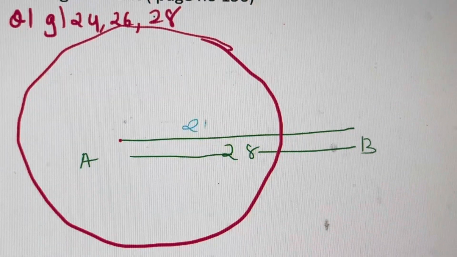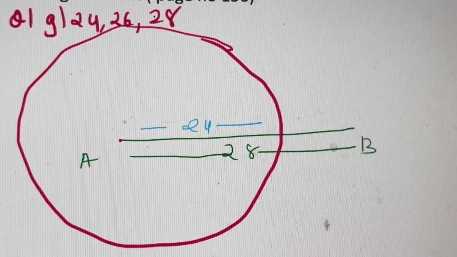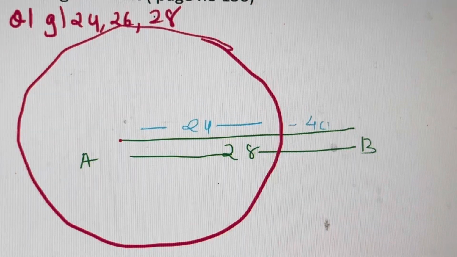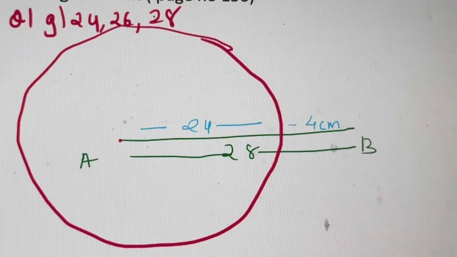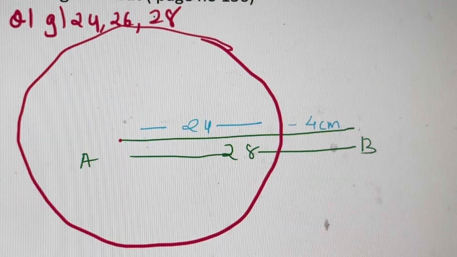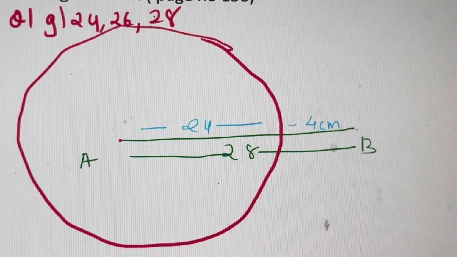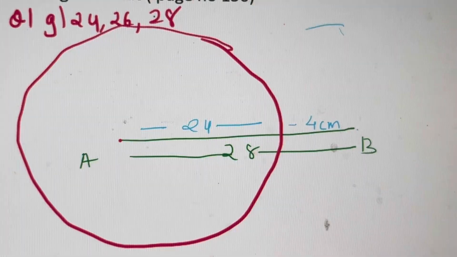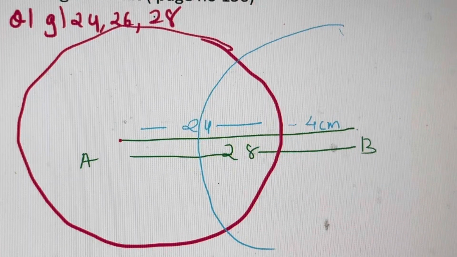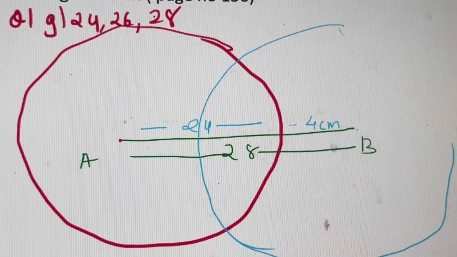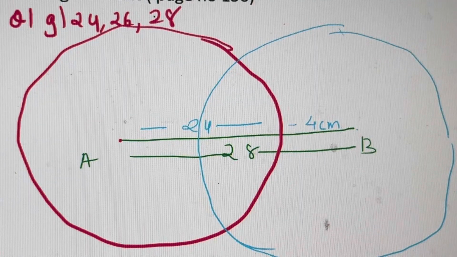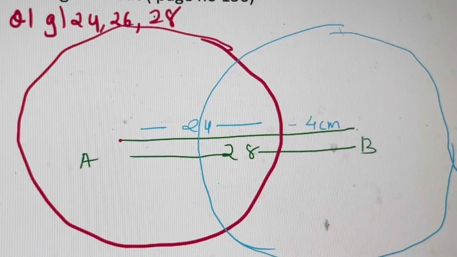Now this is 24, remaining is 4 centimeter, 28 minus 24. Now we take B as a center and radius will be 26, the other side, and we form a circle. So naturally it will be intersecting the other circle. Right? So both the circles intersect, and we can form a triangle.